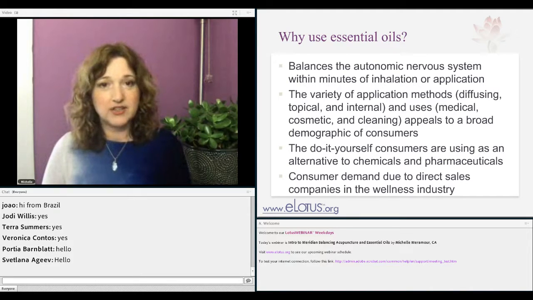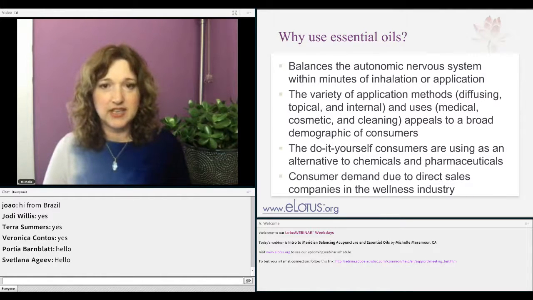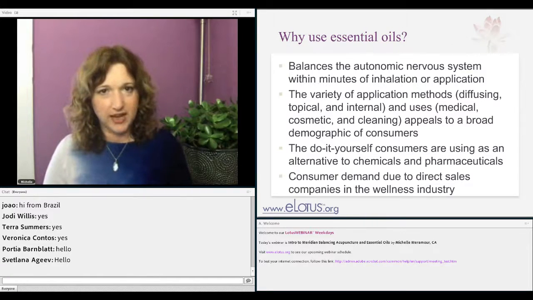Why use essential oils? One of the first reasons is that it balances the autonomic nervous system within minutes of inhalation or application. The autonomic nervous system has a big impact on how people receive acupuncture.